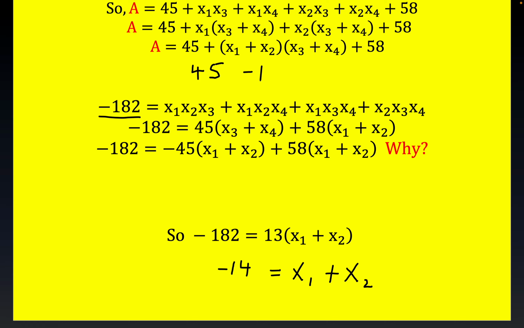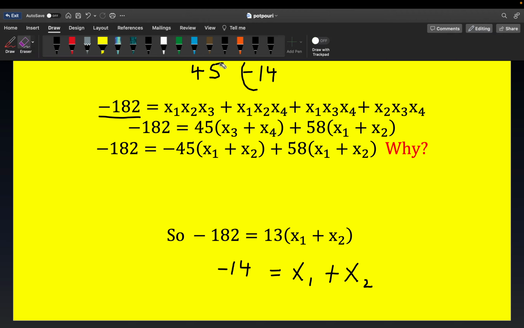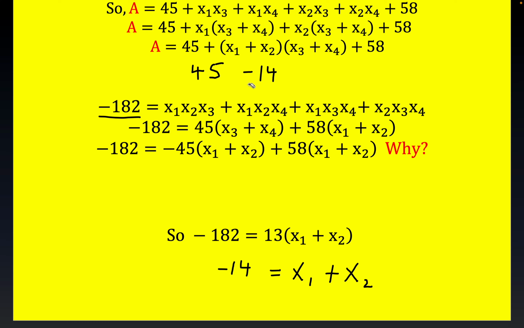Well, actually, that's wrong. Let me erase that. Sorry. So this would be minus 14 squared, right, folks? Because what we have here, this is minus 14 and this is 14, right? So then we get the plus 58.